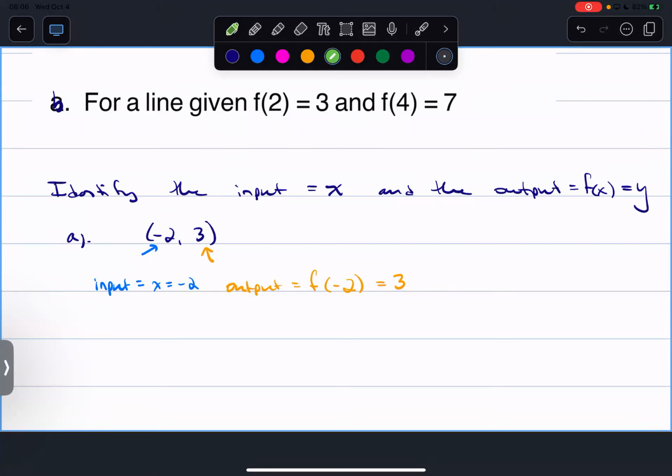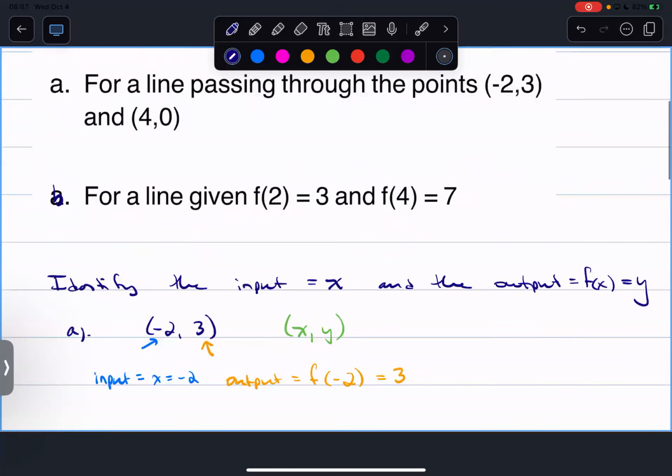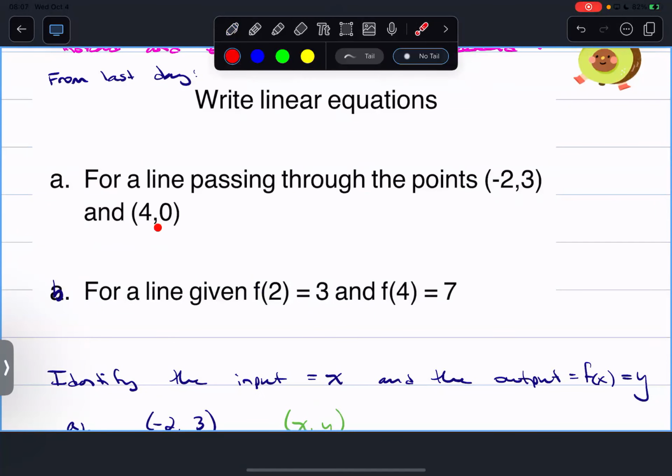Because in general, these coordinates are of the form x comma y, of course. The other point that we were given is 4, 0.